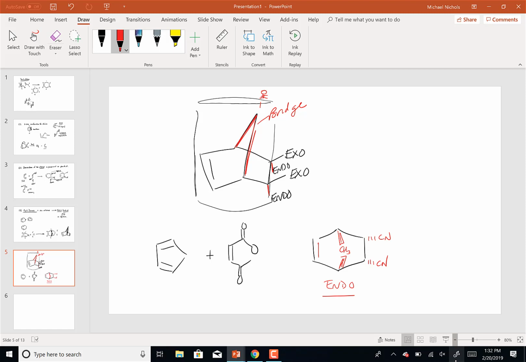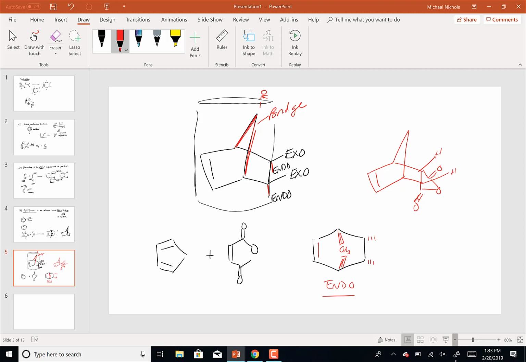So whether you write the endo product, and I could write this one like this, it's kind of hard to draw that ring, but the key thing is those hydrogens are equatorial. So the C double bond O, that 5-membered ring would hang out down to the bottom, which is not what I wrote here.